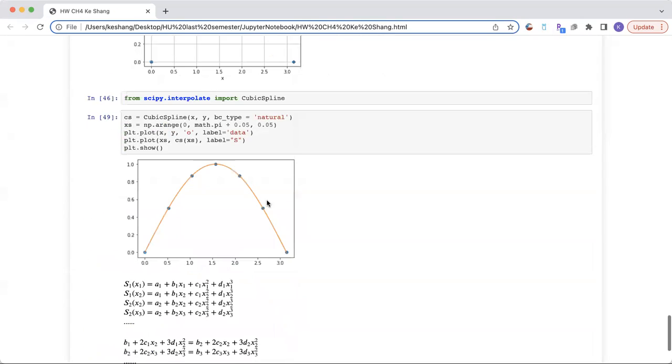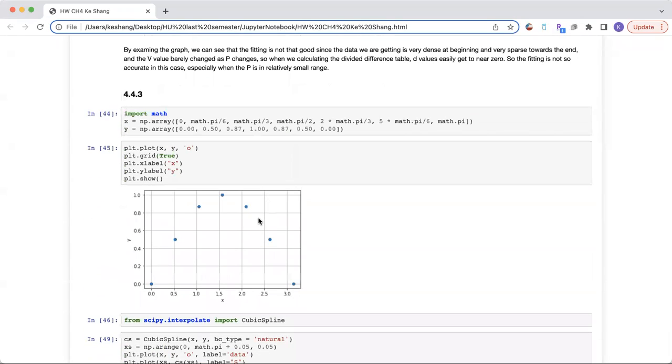For the next one, 4.4.3. Let me pop the question here. It gives us a set of data and asks us to determine the coefficients of the natural cubic splines.